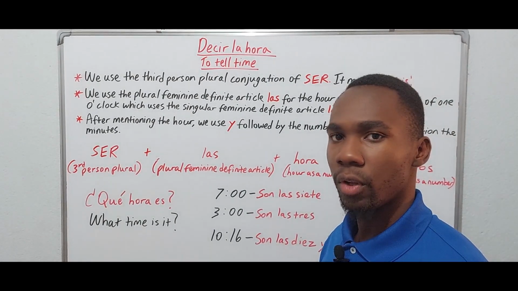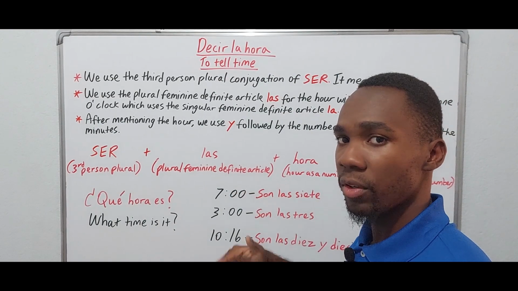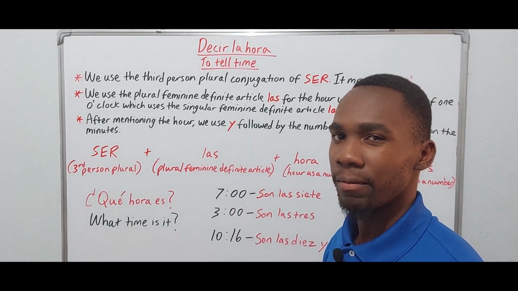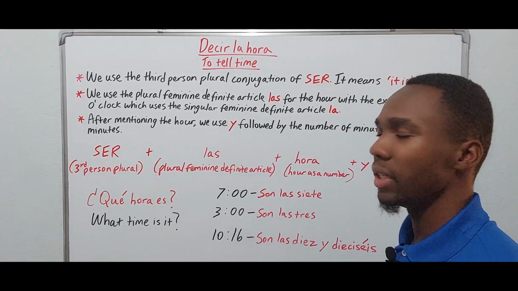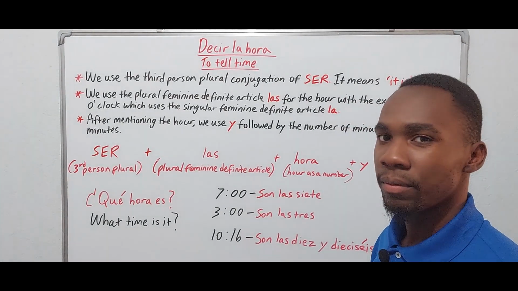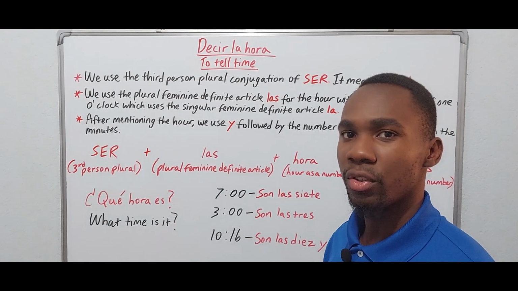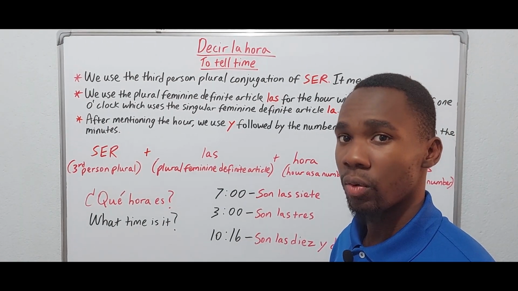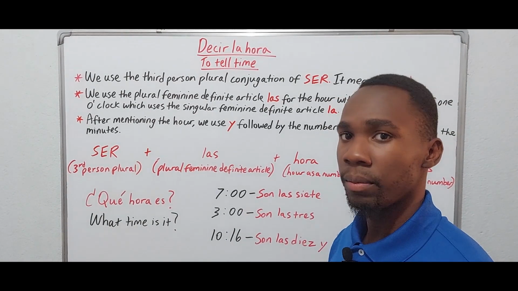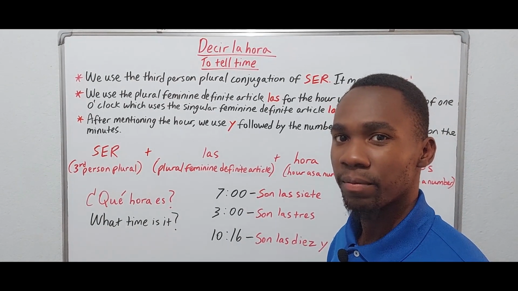Also, now that you know the formula for telling time, how would we know what time of day? Because 7 o'clock could be in the morning or evening, or night rather. So that's the next thing that we are going to go to, because I'm going to show you now how to actually differentiate between the different times of day.